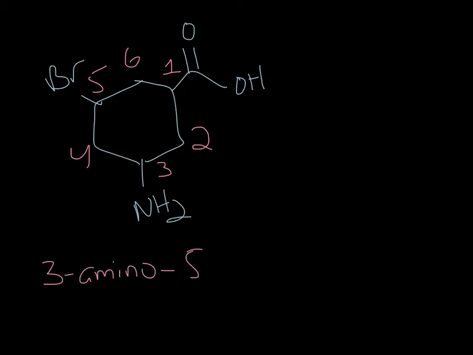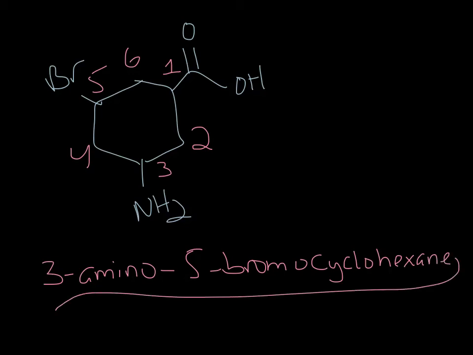So this would be 3-amino, 5-bromo, and then cyclohexane, and this is all one word, carboxylic acid. So cyclohexane carboxylic is one word, and then acid is a separate word, just like from before.